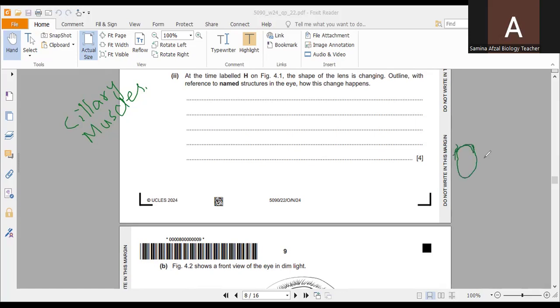Let me draw only the lens. This is the eye lens. Actually, I draw on the laptop surface screen. These are the suspensory ligaments, lens, and then from here there is the ciliary body.